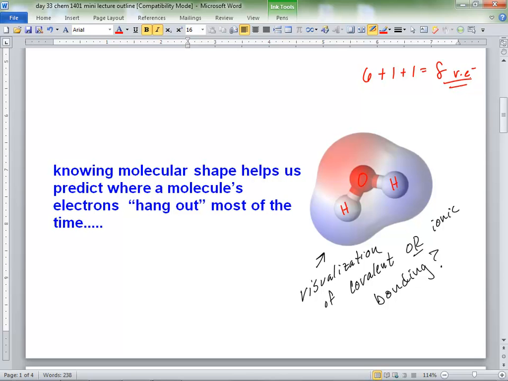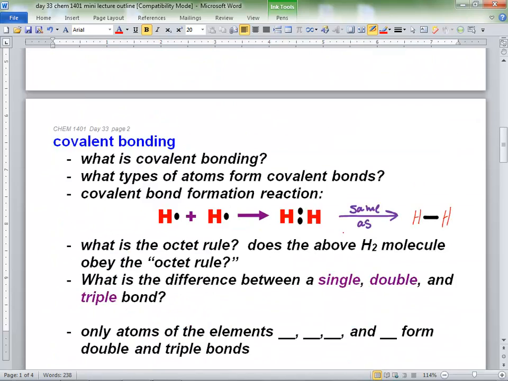But they're spending most of the time around that oxygen. So we'll end up putting a little partial negative next to it and a little partial positive next to these hydrogens, because the electrons aren't hanging out there very often around the hydrogens. Okay? But those 8 valence electrons are in there somewhere. And that's kind of where we're getting at.